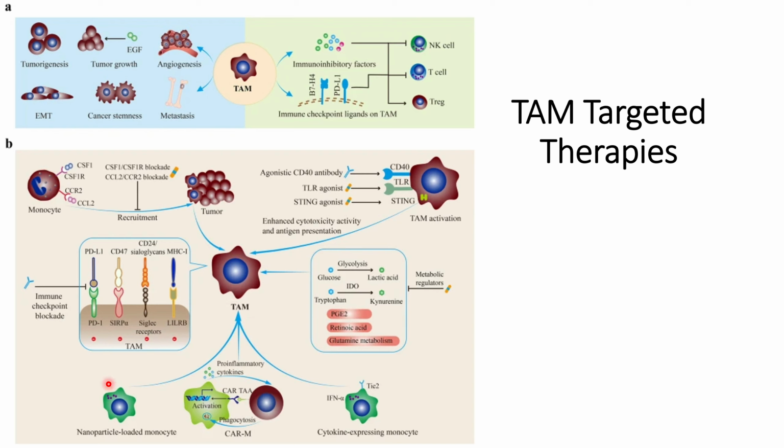Another thing they can do is load nanoparticles into the monocyte, so that it cannot differentiate into tumor-associated macrophages, and instead it can differentiate from monocyte into dendritic cells that can act against the tumor cells, or that can have anti-tumor properties.